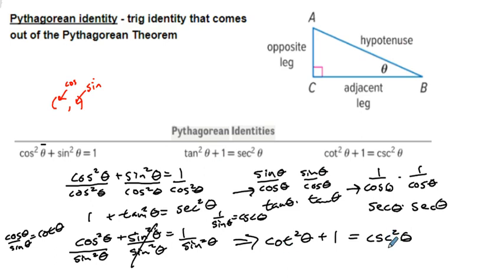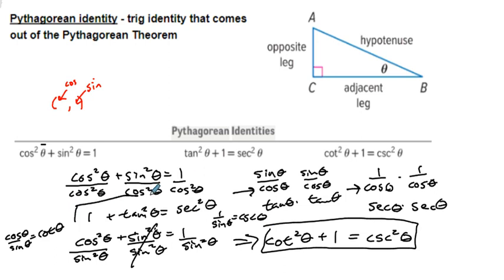Again, this one you can remember because cotangent and cosecant both have sine in the denominator. So that is where all 3 of these identities come from, and how they work together. Just the same as the first equation, our original Pythagorean, we will need to be flexible with this to move things around so that we could swap the tangent and the secant if we had some negatives or things going on.